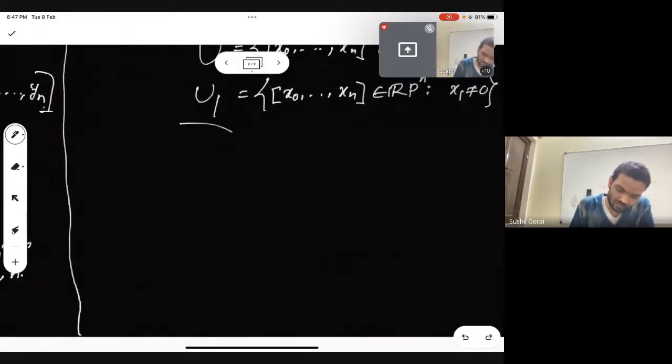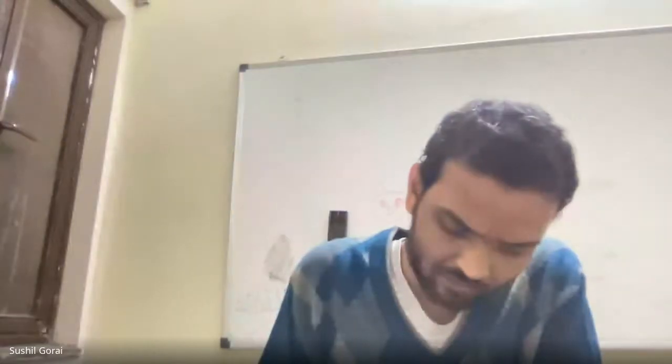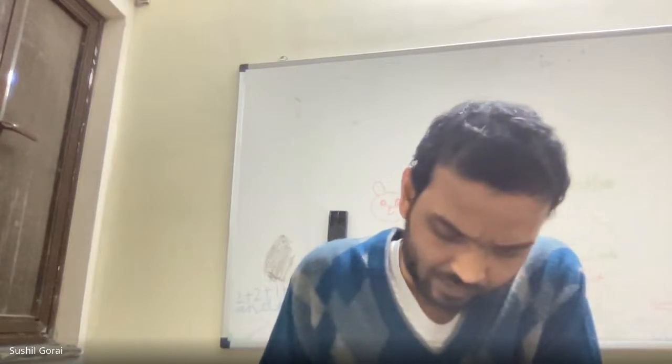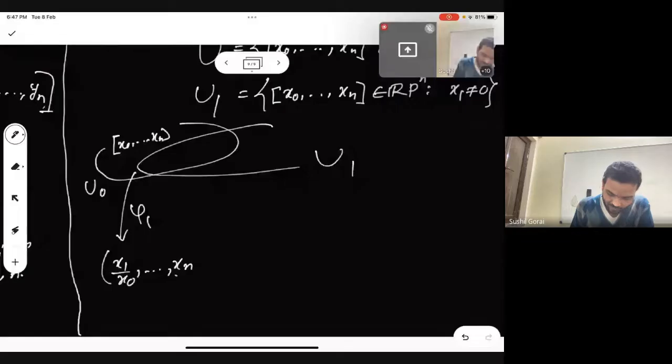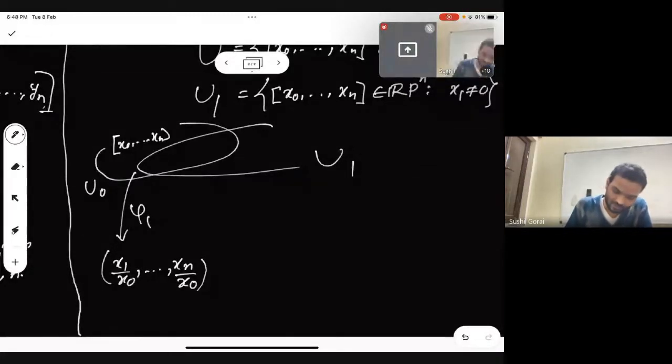So here you have, let's say, this is U0 and this is U1, and you have the map phi 0. It maps (x0, ..., xn) to (x1/x0, ..., xn/x0), where x0 by x0 gets omitted.